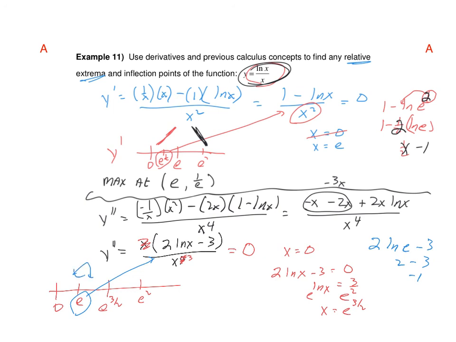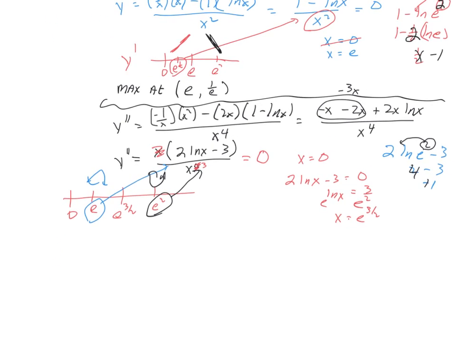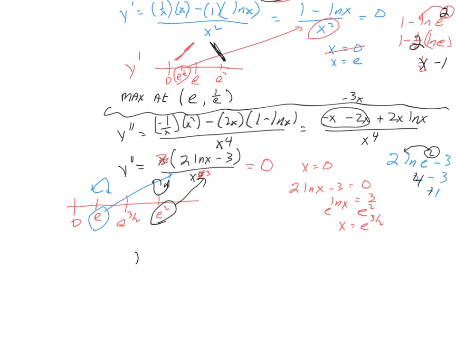And then if I take that same expression and evaluate at e squared, so then I've got an e squared here, so I can bring that power down, so that's a 4, and that would be a positive 1. So then we are concave up. So then I've got point of inflection at e to the 3 halves.